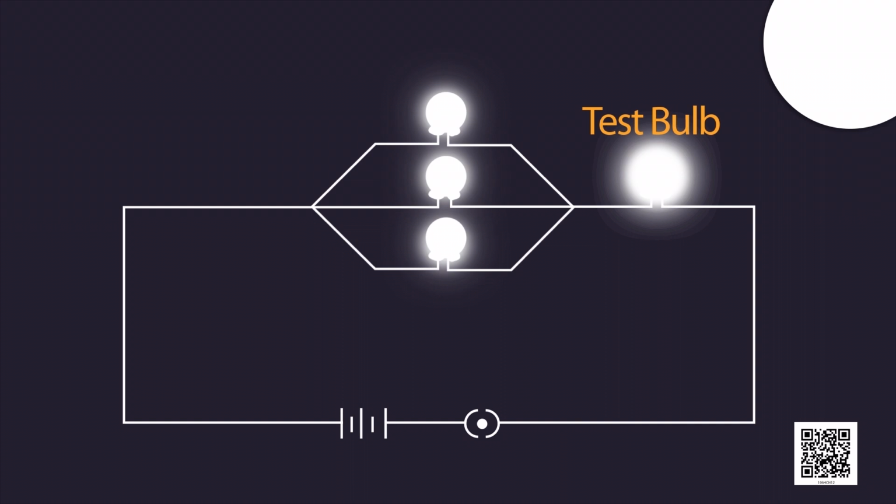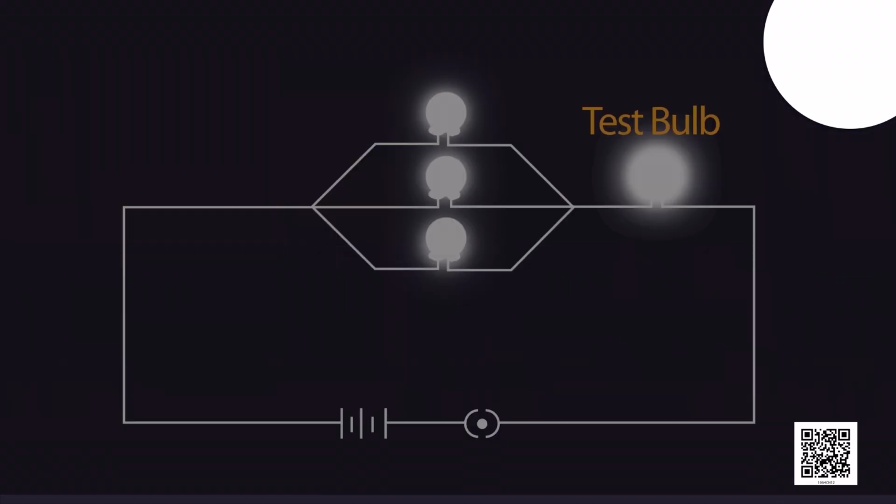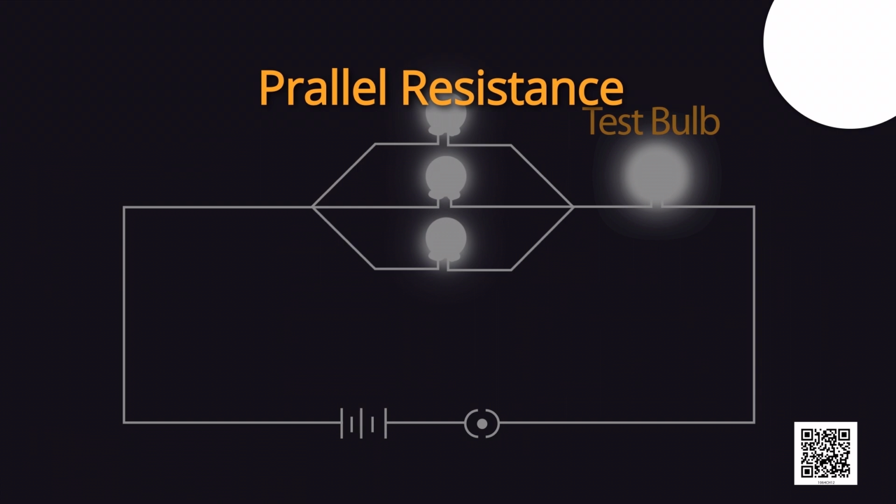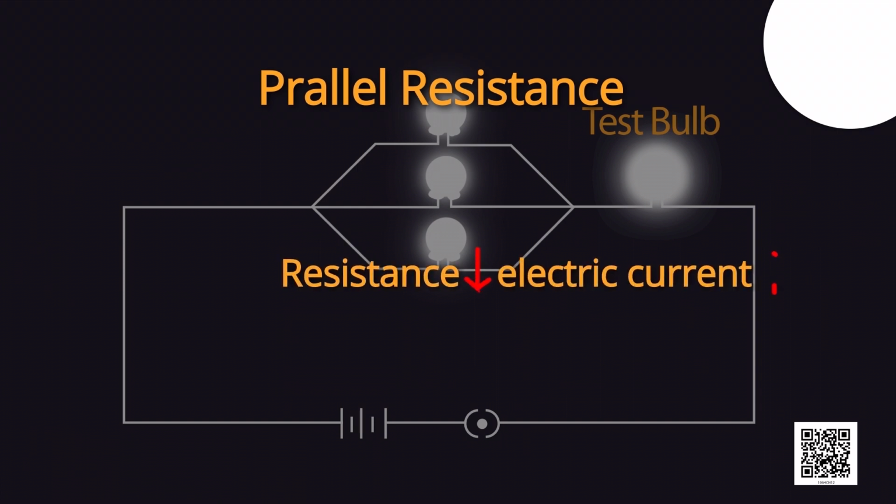In this way, we will notice that if we go on increasing the number of bulbs or resistors connected in parallel to each other, then the brightness of the test bulb will also go on increasing continuously. Thus, we conclude that equivalent resistance in parallel will decrease while the electric current will increase.